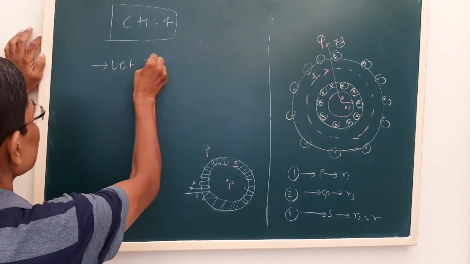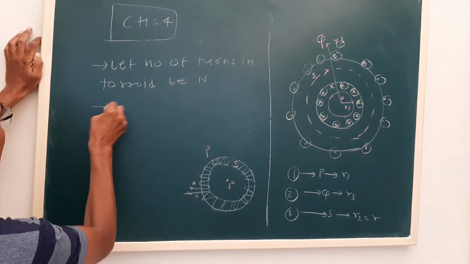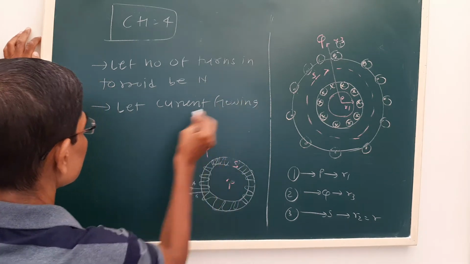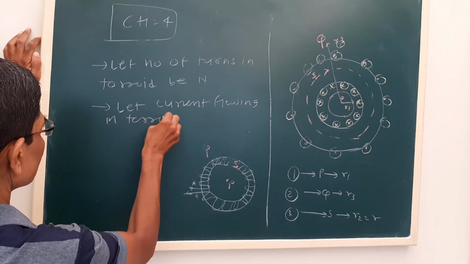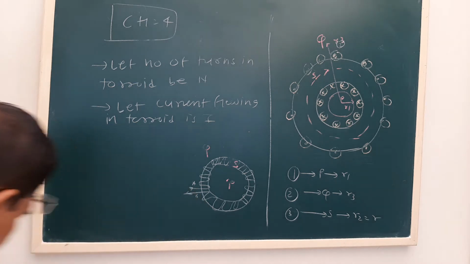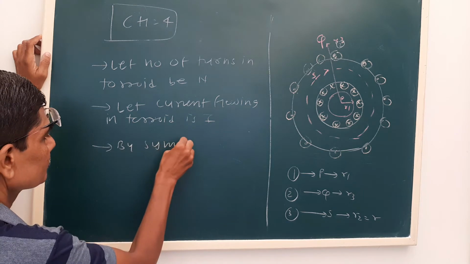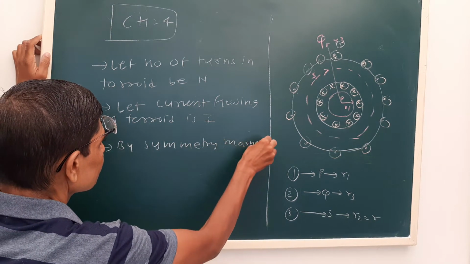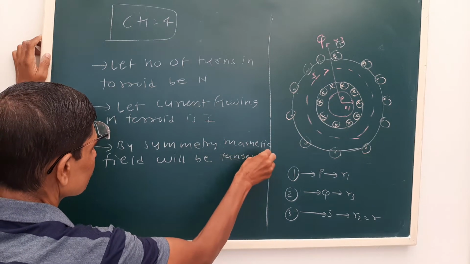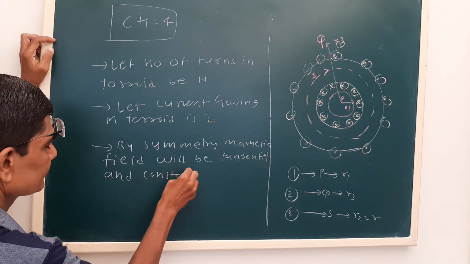Now let the number of turns in the toroid be N. Let the current flowing in the toroid be I. Now by symmetry the magnetic field will be tangential and constant in magnitude.